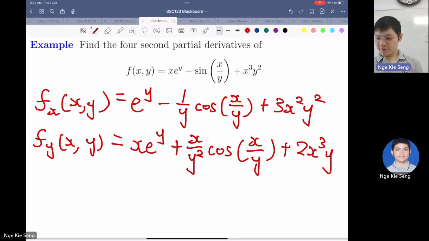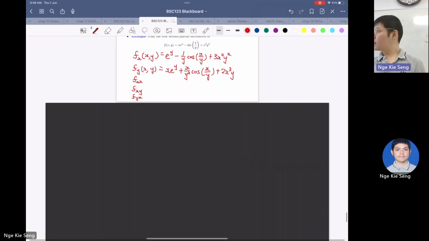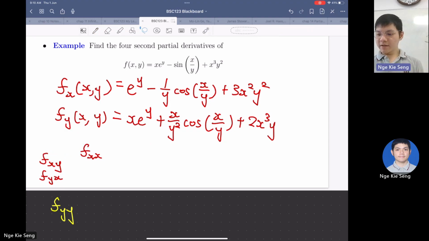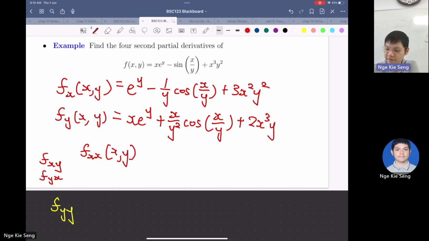So now what are fxx, fxy, fyx, and fyy? fxx is differentiating fx with respect to x, meaning you differentiate f twice with respect to x.